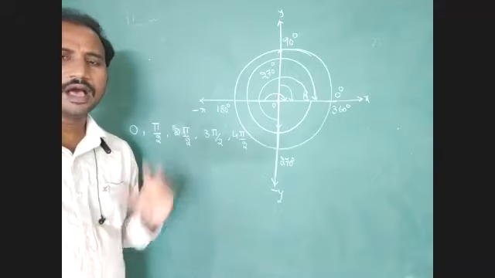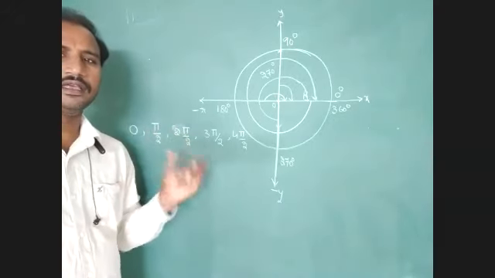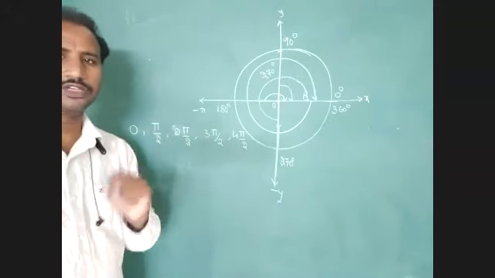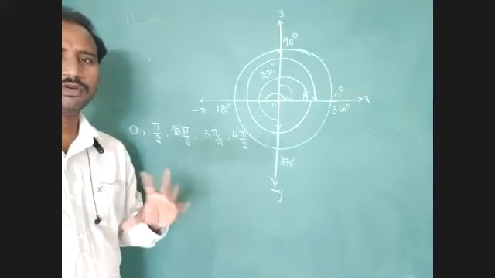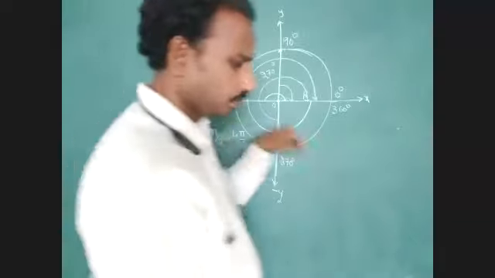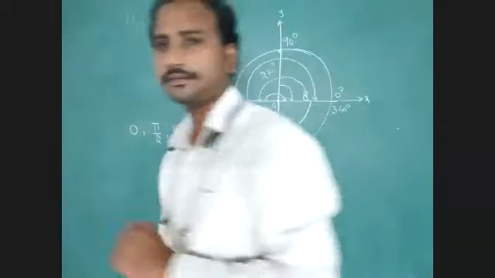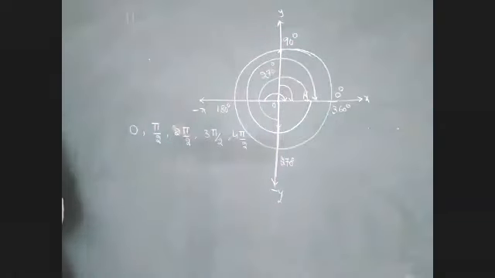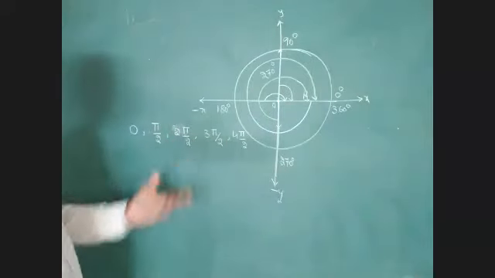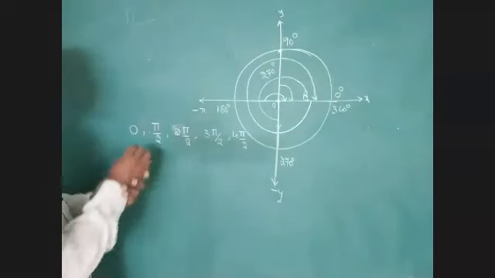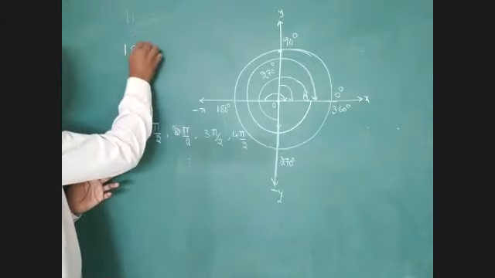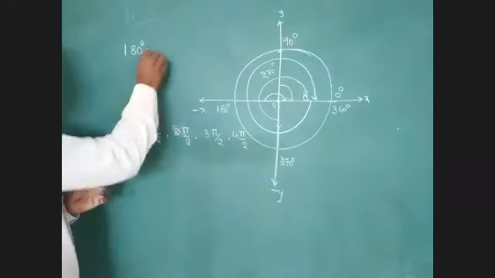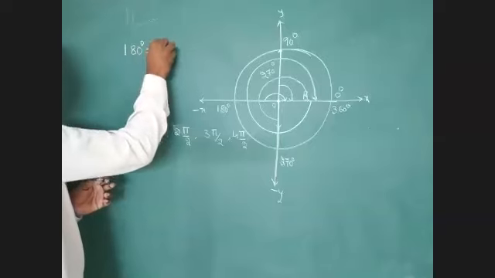Understand how to convert degree into radian? First question, I'm asking this question: how to convert degree into radian? In mathematics, generally we identify these points. First one, 180 degree equal to pi radians.